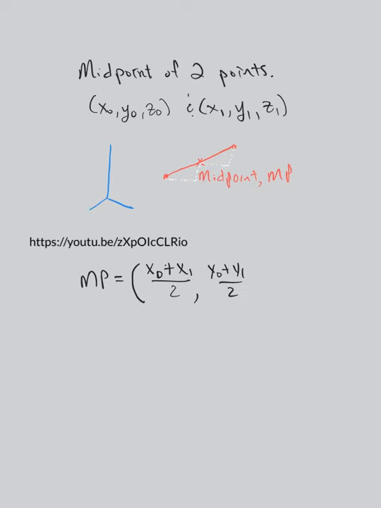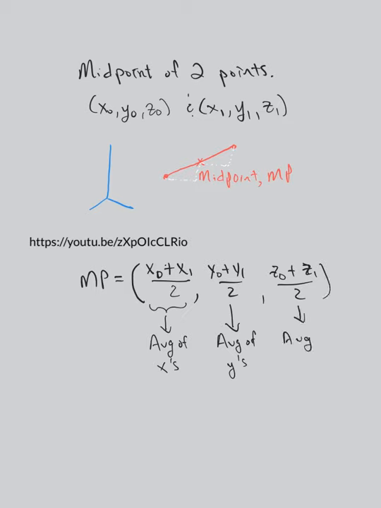Make sure you realize if I just have 2 numbers and I add them together and divide by 2, that's their average. So it's the average of the x coordinates. Same thing here. This is the average of the y coordinates. Okay, and so then in 3 dimensions this formula extends, and so we get z naught plus z1 over 2, like that. And that would be the average of the z coordinates, like that.